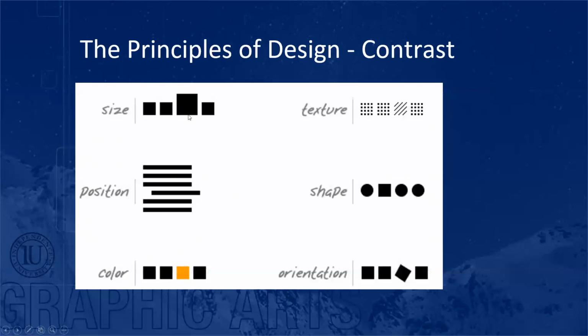You have the larger block here; the other three are identical. The diagonal lines over here have a very stark difference with the blocks next to them, as does the shape here. You have the rounded circles, and the square feels a lot more sharp or pointy right next to the circles.